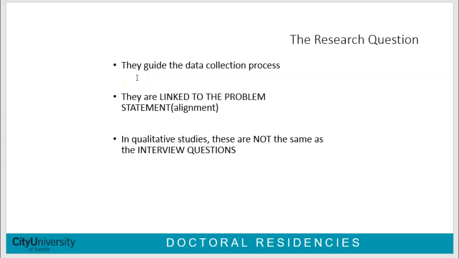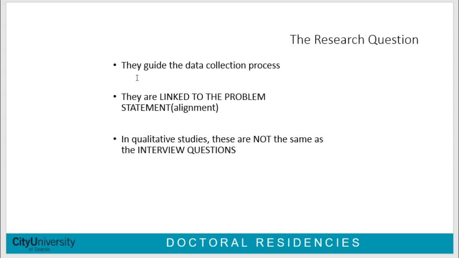The research questions guide your data collection process, because from them, like I said, the interview questions come. From the research question, the hypotheses come in quantitative. And all of this is linked together to solve the problem.